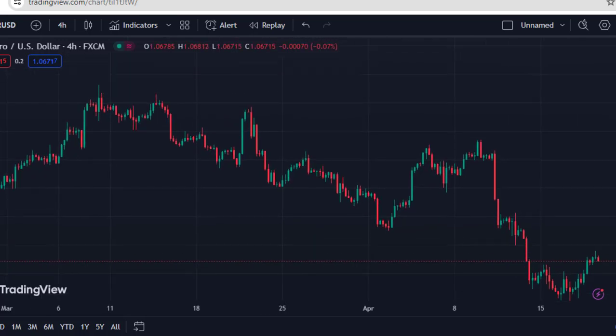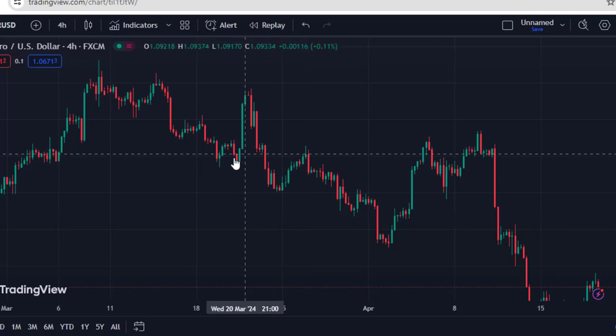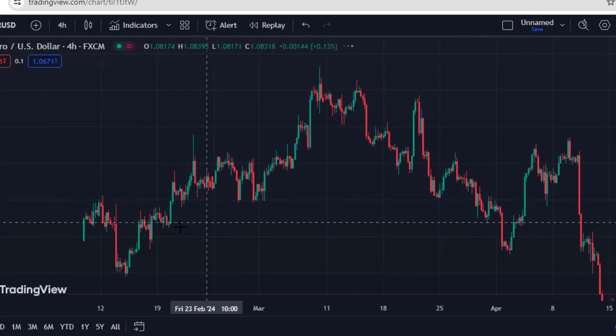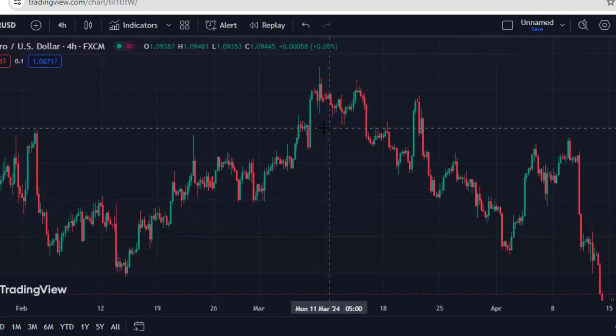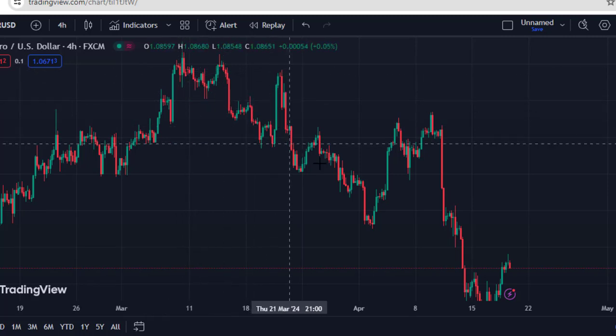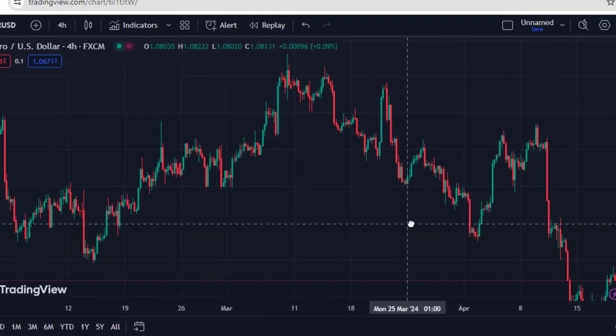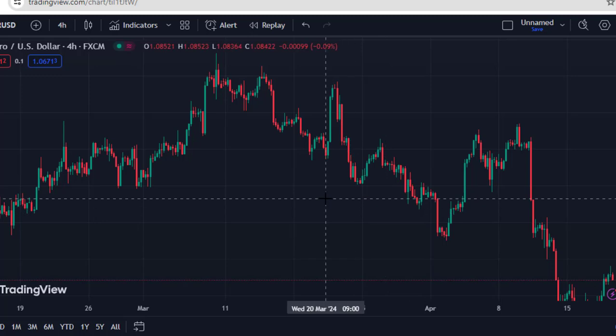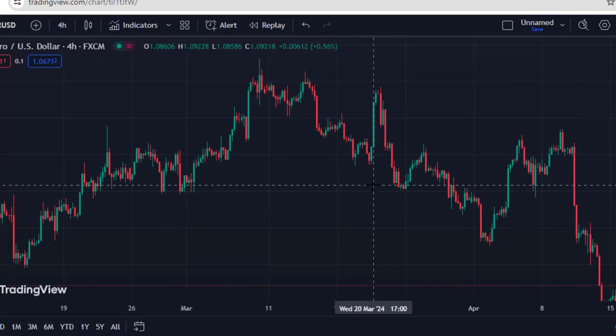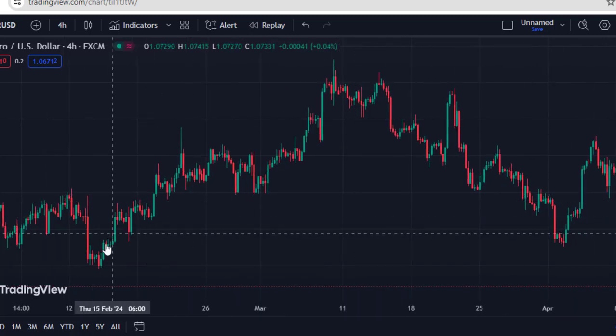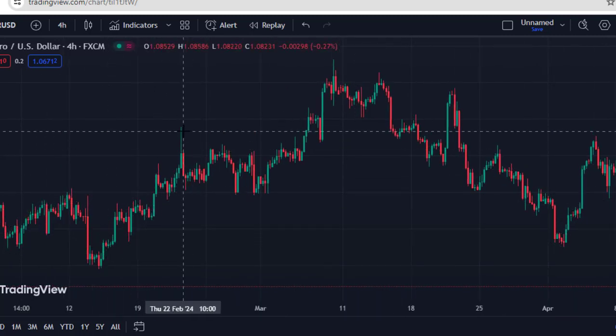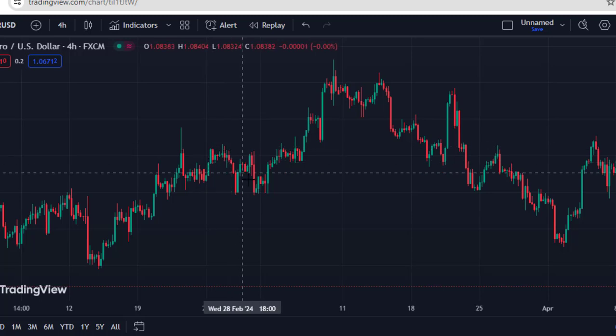Looking at the EUR/USD chart right here, at this point the market was moving upward from here to the upside, and all of a sudden the market began to come back to the downside. When can we say that there was a break of structure on this market, which is very significant? From this move, the market moved upward, and we see a significant retracement right here.